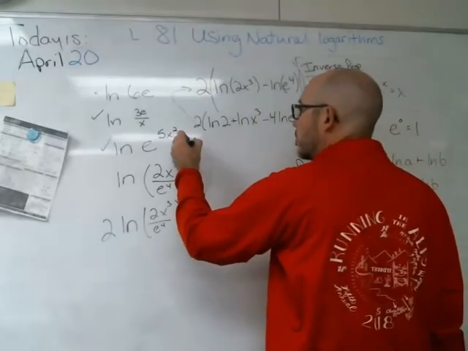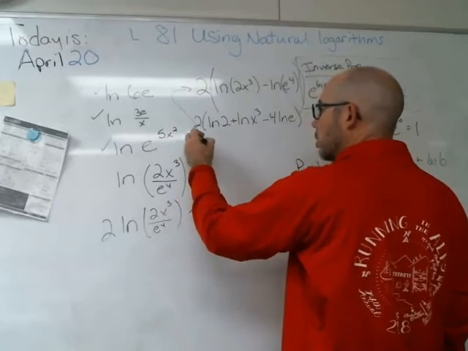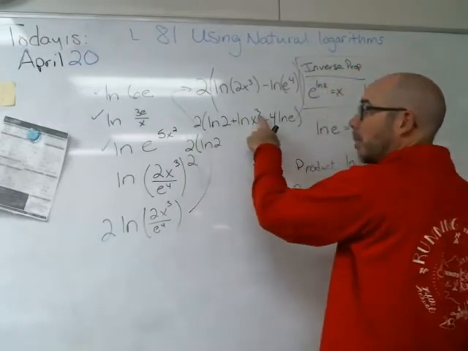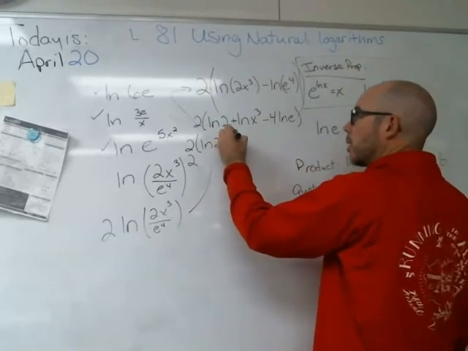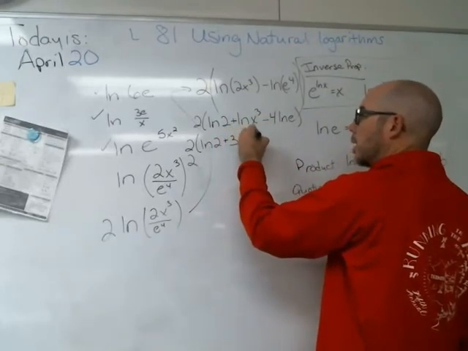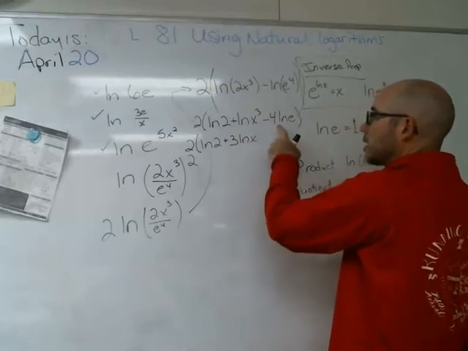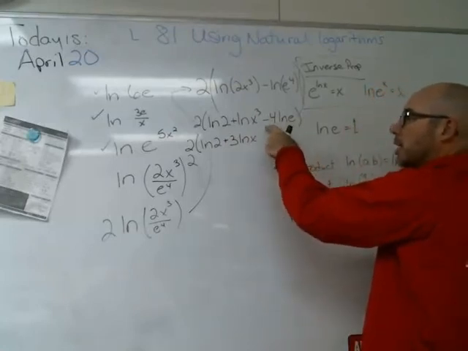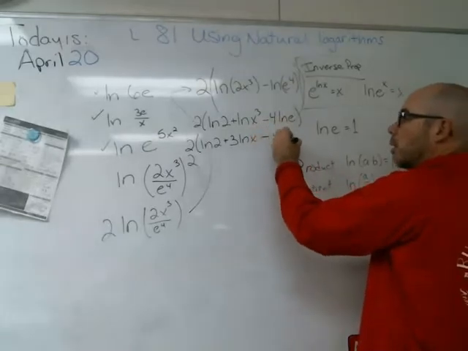Okay, but wait, there's more. 2 times the natural log of 2, which my calculator can handle pretty well. And then I got the power rule here. So that'd be plus a 3 ln x. And then lastly, ln of e equals 1. So this is just minus 4 times 1, or minus 4.